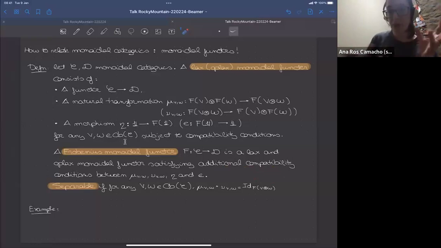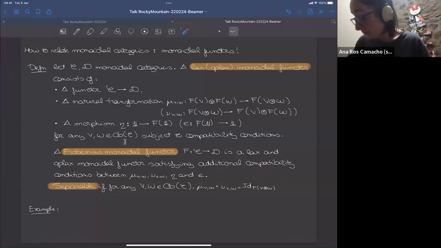It's just some condition relating these morphisms using the associator and so on. It's a little bit lengthy, but if you're curious, we can discuss more about it.